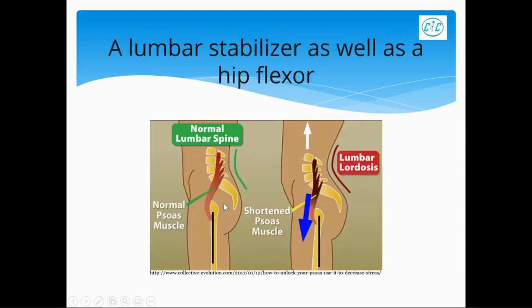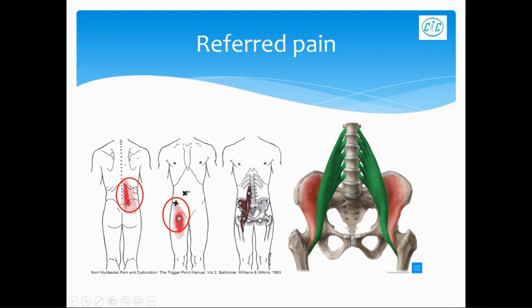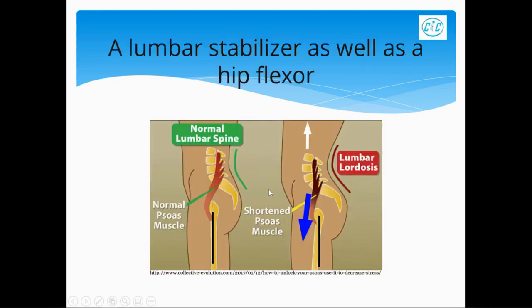Here are the locations of the pain that the patient is complaining of. And here is the iliopsoas muscle attached to the side of the spine, lumbar, and here's the femur right here. Normally it should bring the lower part of the spine forward and cause the flexion of the hip, but that should be a normal tension.